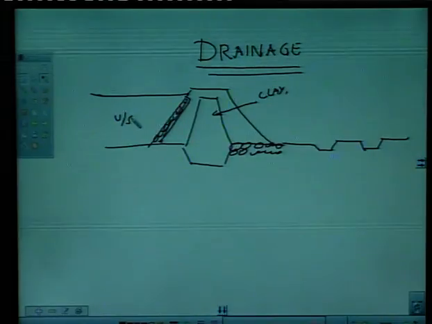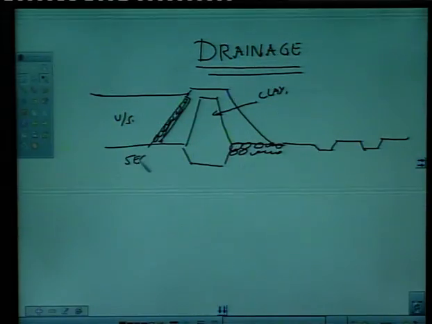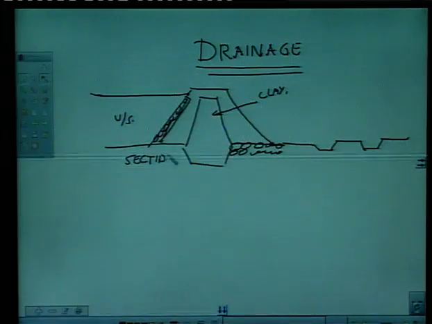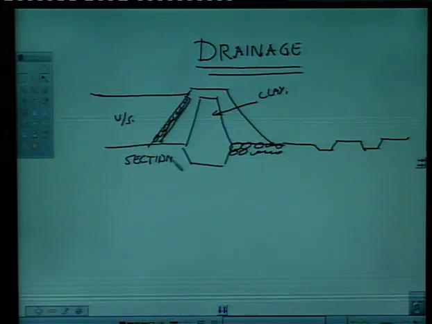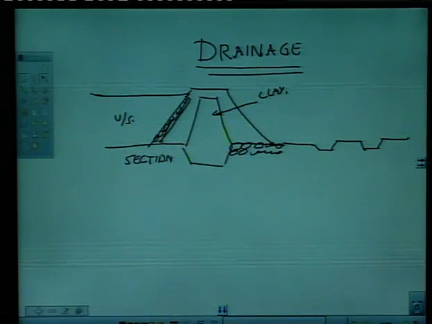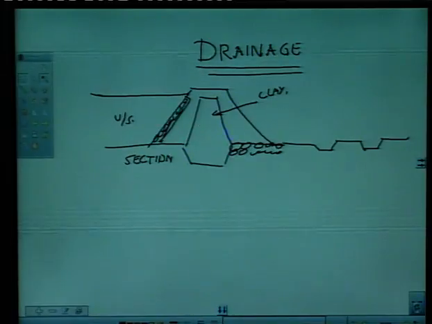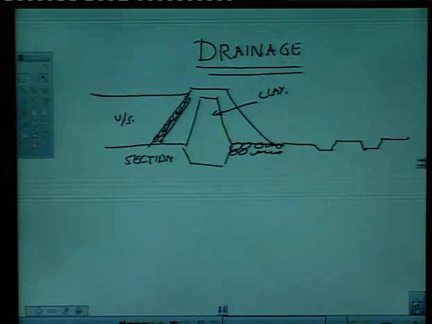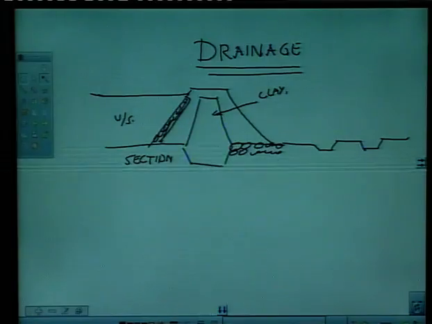This drainage system is provided in Tolva, Johal and Janodi dam. All these dams are having this type of drainage system.